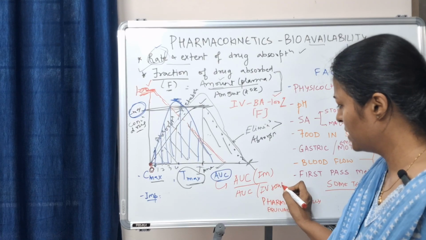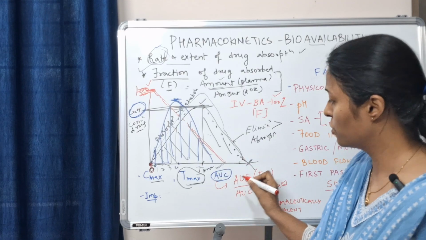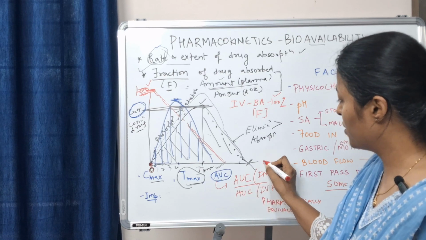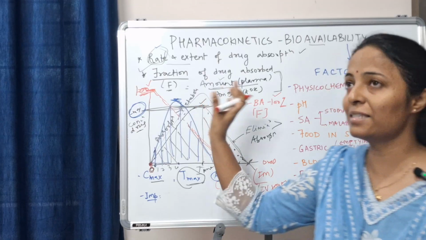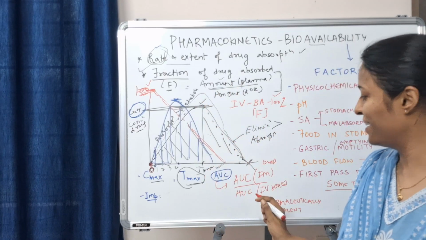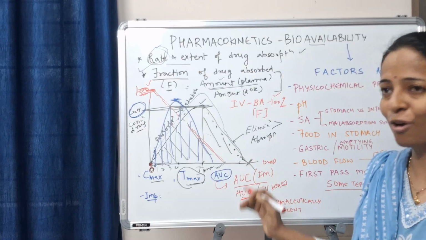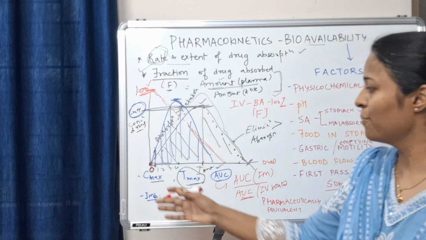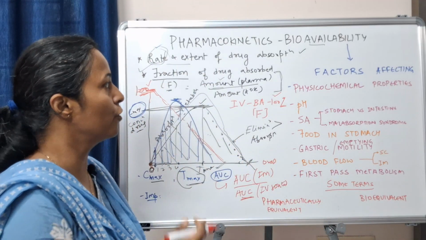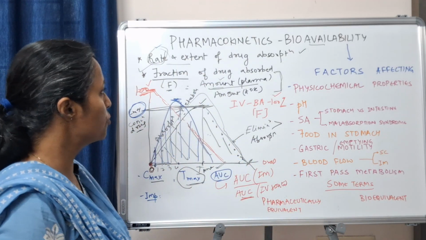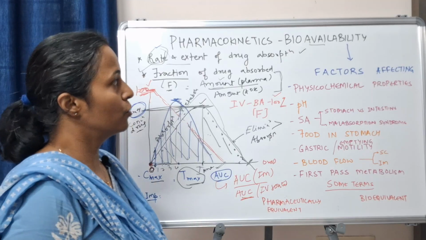Similarly, you compare with other routes also. Maybe for oral you want to compare how much it is with the IV route, because that is 100%. But you should know the area under the curve for comparison. Importance, I told you that it is used to choose which route of administration and what dose you will choose for giving a particular drug.